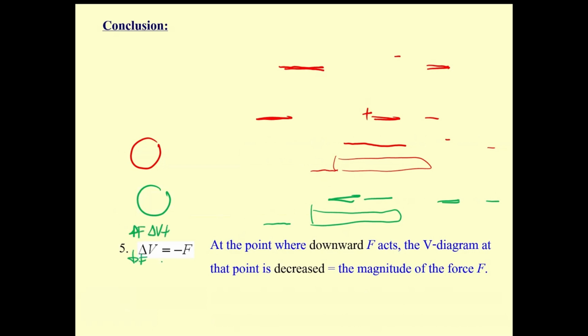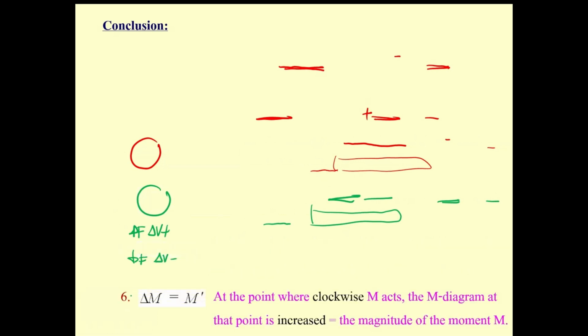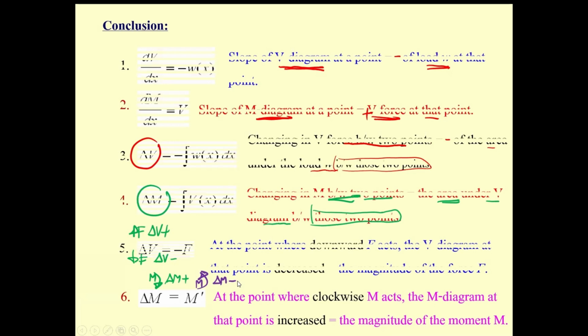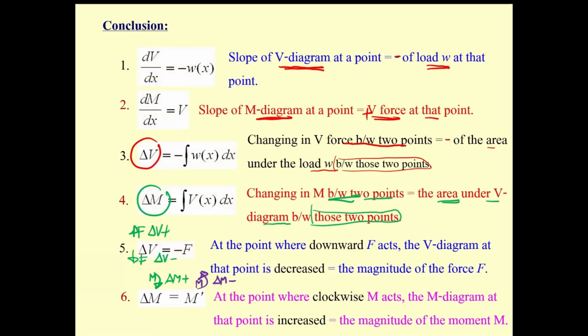When the force is down, it is negative. And the last one, a clockwise moment is positive, and a counterclockwise moment is negative. That's all the conclusion we are going to use to do the shear force diagram and bending moment diagram of the beam.